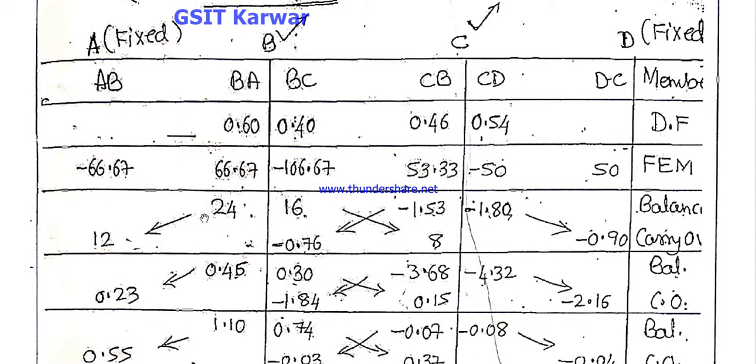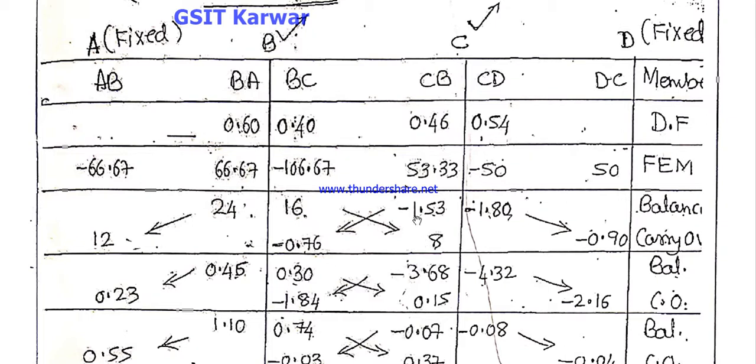That's also, the rules are explained in the beginning only. If the support is fixed, you can carry over 50%. That means 24 by 2, 12. And here also 16 by 2, 8.